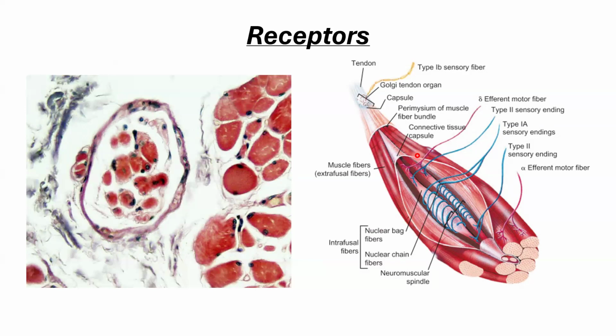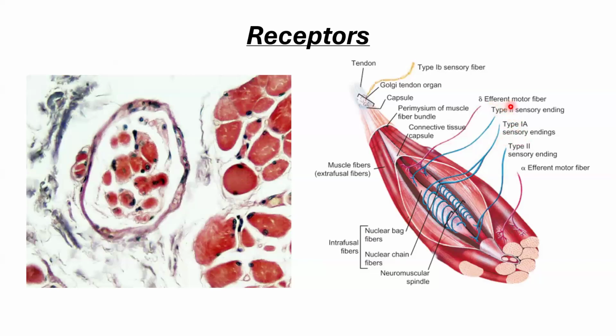Extrafusal fibers will be innervated by efferent alpha motor neurons. Then intrafusal fibers will be innervated by gamma motor neurons.